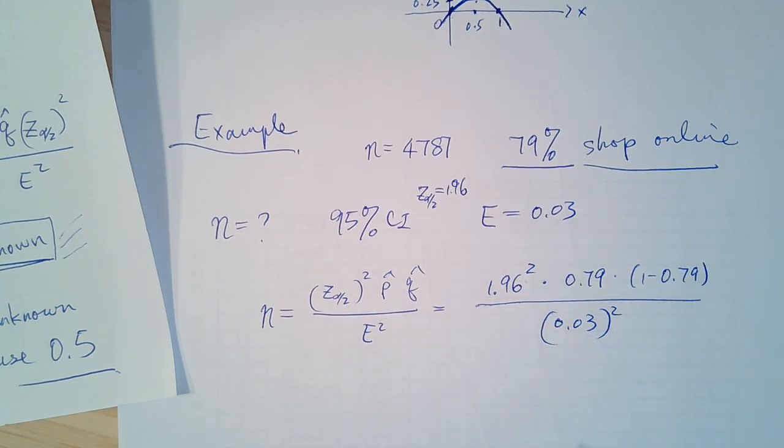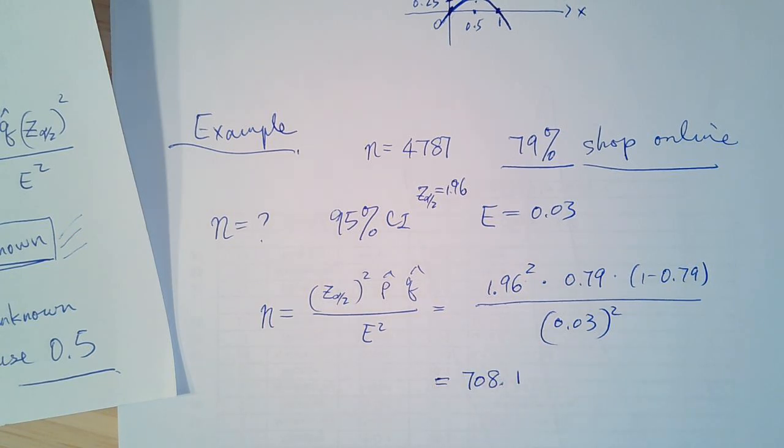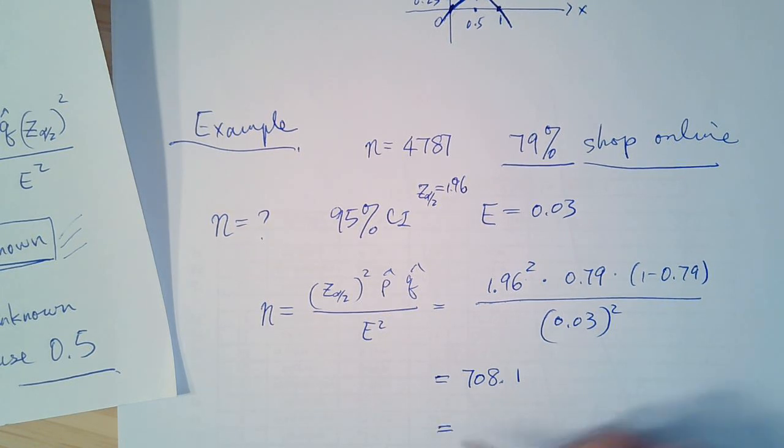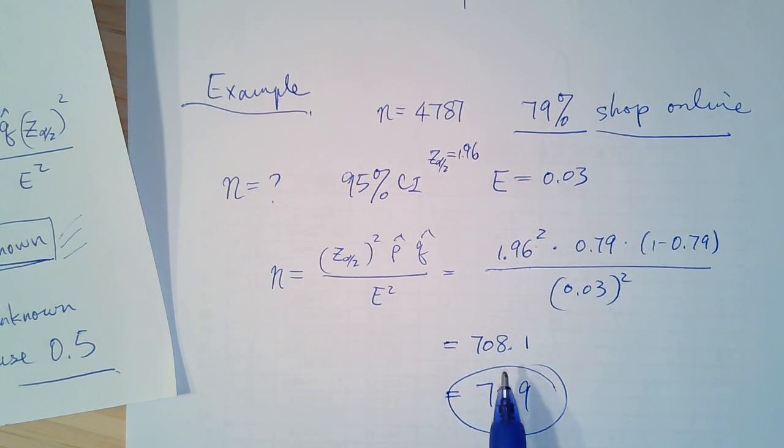Once you have all those numbers, the answer is 708.1. Since you're looking for the sample size, which is how many adults you are going to include in your survey, you have to round it to the next highest number. So it's going to be 709. That's your answer. Don't round down, because 708 is not enough.